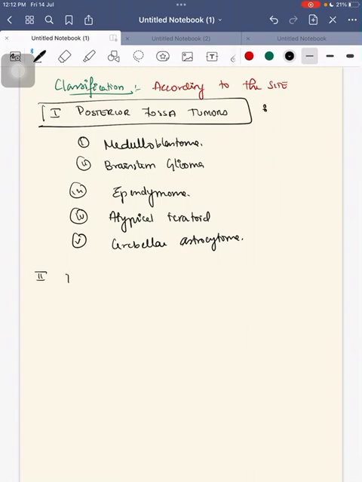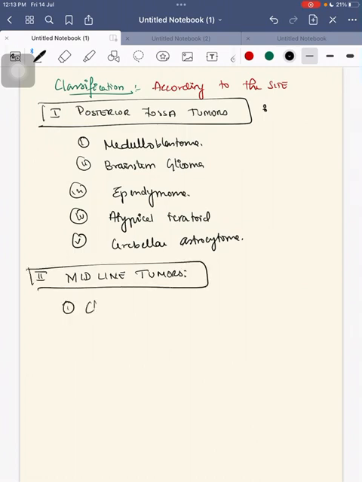Next, second one, we'll go on with midline. Midline tumors are, first one chiasmal glioma, second one craniopharyngioma, third one is pineal region tumors.